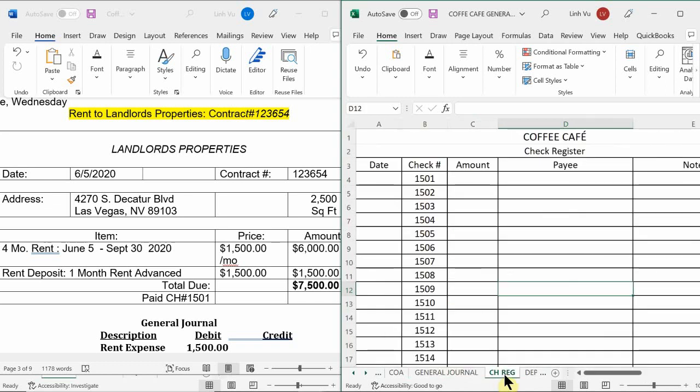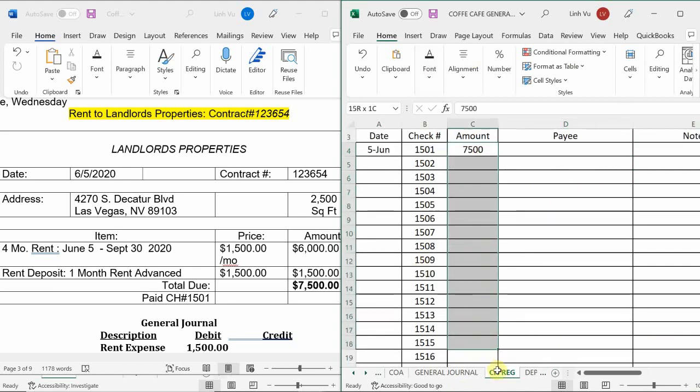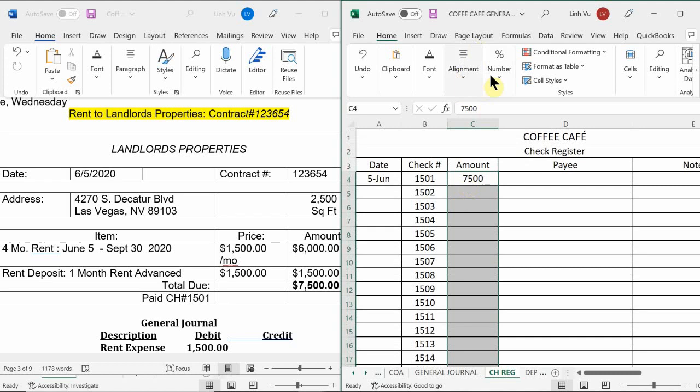We got to go to our check register. What's today's date? June 5th. How much did I write this check out for? $7,500. So in this case, I want this to be in accounting format. Okay. And who did I write this check out to? Landlord Properties.